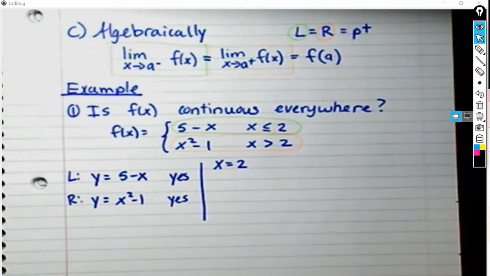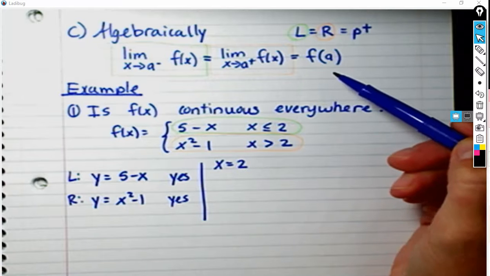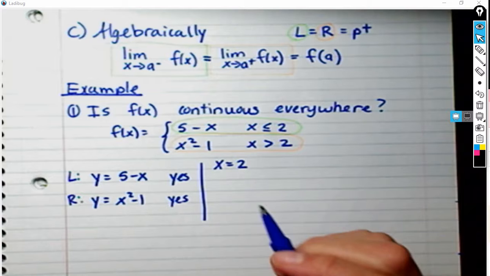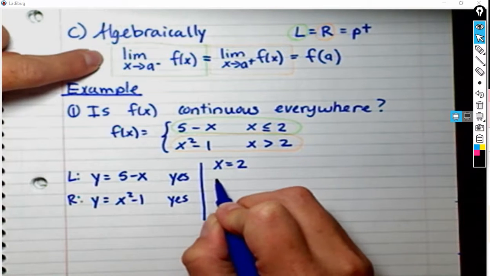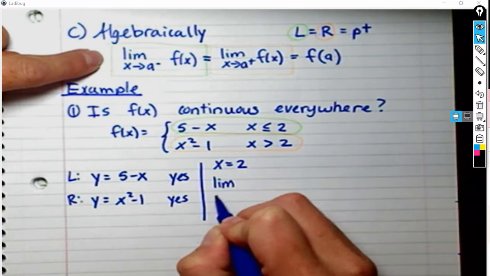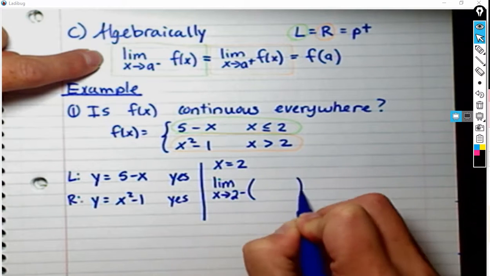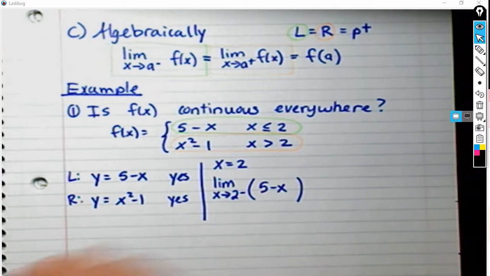That's where you actually have to check the continuity definition, because that's where the left and the right could be different. So I'm going to set up my statement. At x equals 2, I've got to do green. The limit as x approaches 2 from the left is 5 minus x.